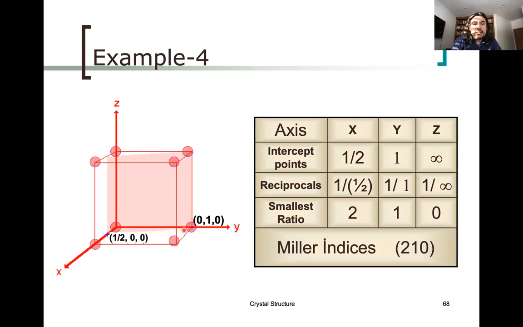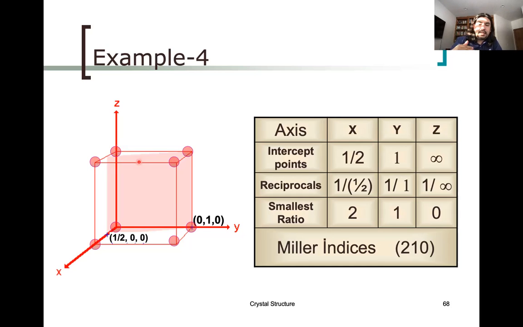Then the 1 is because it passes through the 1 in the y direction, and 0 because this actual plane doesn't touch the c-axis, the one that passes through the unit cell right there. But there's actually another plane behind it. Would the other plane pass through the c-axis?